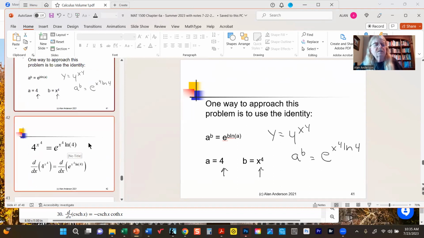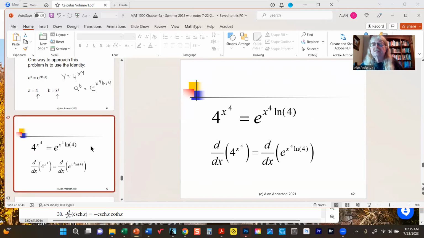We have a rule for this one. And also keep in mind, this log 4 is simply a constant. So it's not quite as messy as it looks.